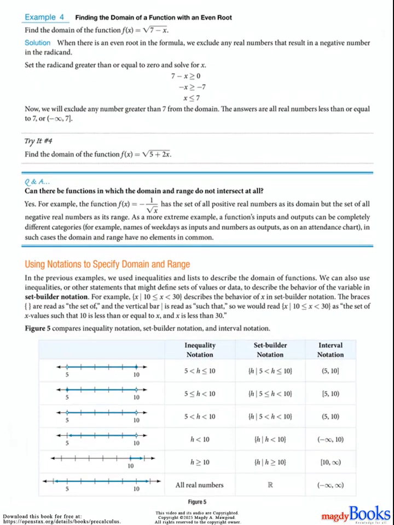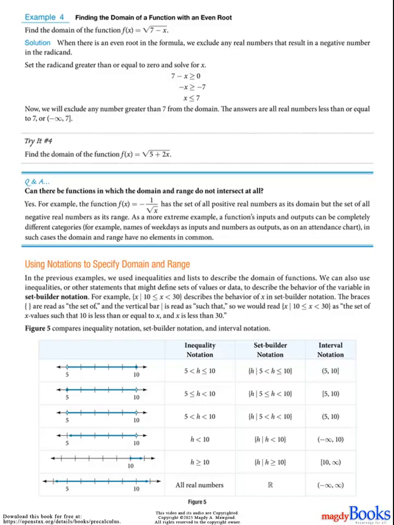Example 4. Finding the domain of a function with an even root. Find the domain of the function f of x equals square root of 7 minus x. Solution. When there is an even root in the formula, we exclude any real numbers that result in a negative number in the radicand. Set the radicand greater than or equal to 0 and solve for x. 7 minus x is greater than or equal to 0.